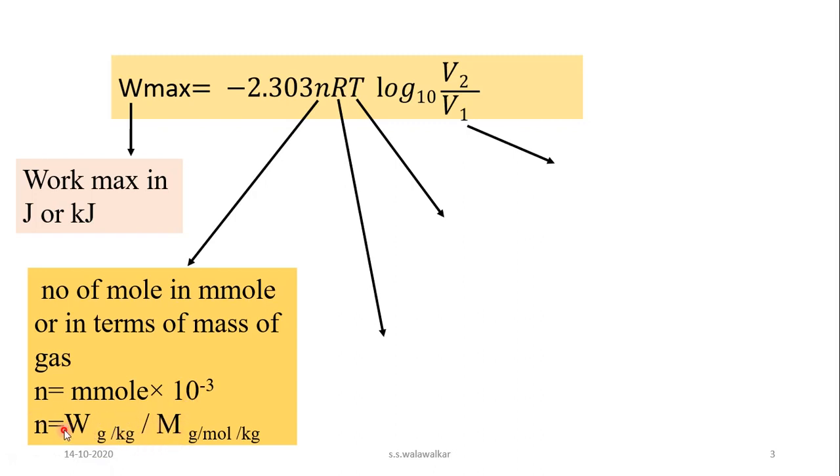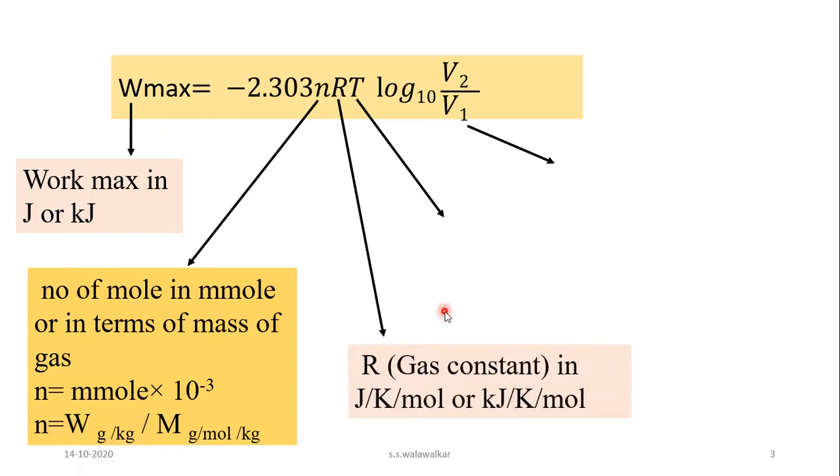R means gas constant, its value is fixed, 8.314 joules per Kelvin per mole. If work is in joules, use it in joules. But if work is in kilojoules, you have to convert it into kilojoules by multiplying the value of the gas constant by 10 raised to minus 3.